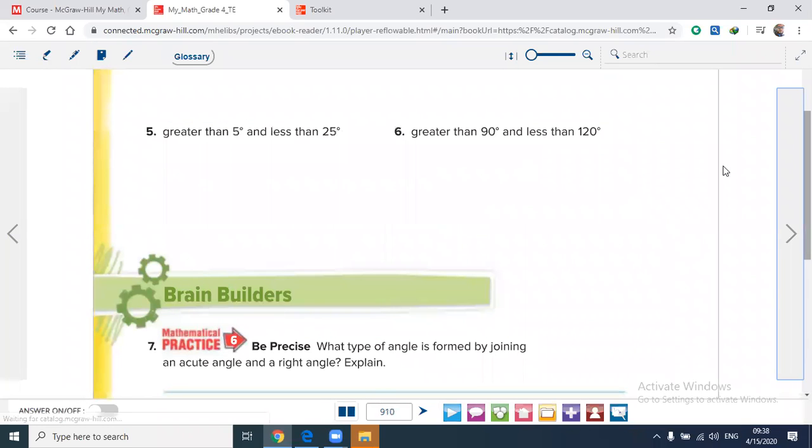This is your homework for today, pages 909 and 910. Send to me by WhatsApp.